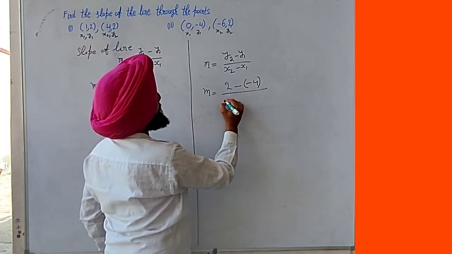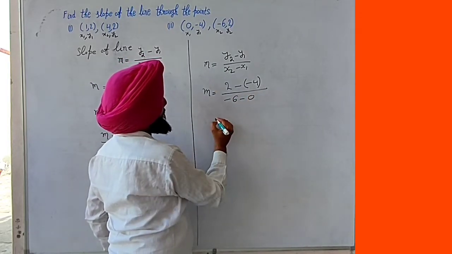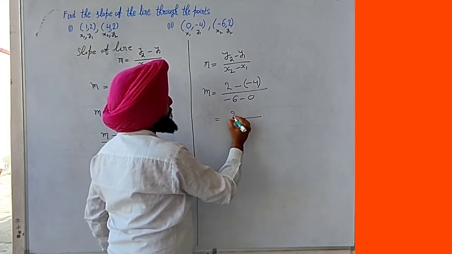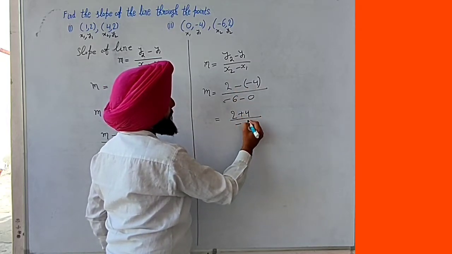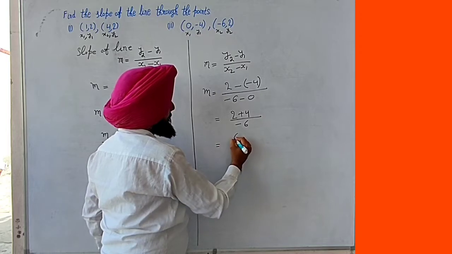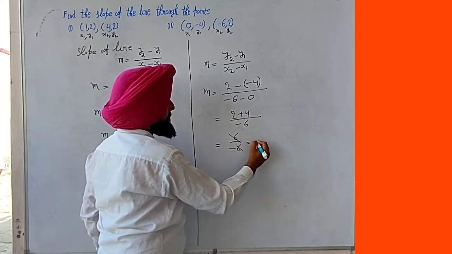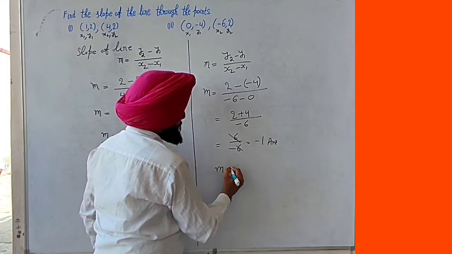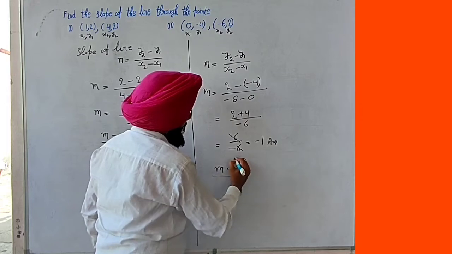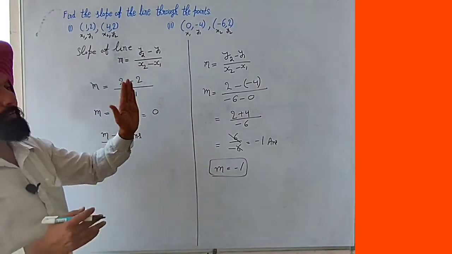Now x2, minus 6, minus x1, that is 0, and it becomes 2 minus minus, plus 4, over minus 6, and 6 over minus 6, 6 cancels with 6, that is minus 1, is our answer. So m is minus 1, the slope of the line of this sum.